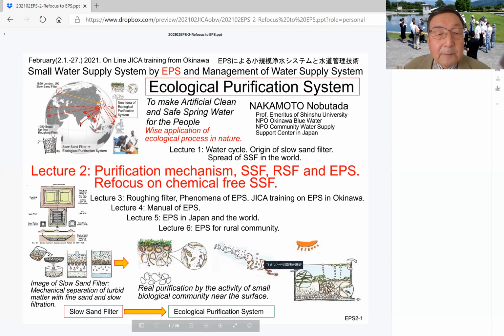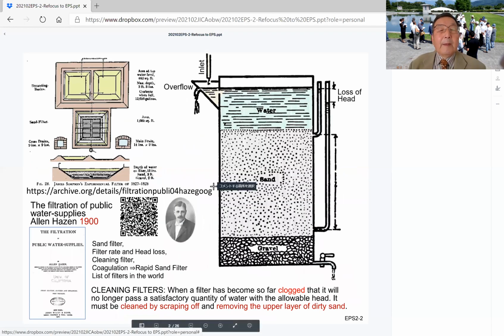So let's start in more detail. At that time, turbid water was introduced into the sedimentation basin, and then the supernatant flowed into the slow sand filter, in a vertical flow. Sometimes this flow contains turbid matter that easily clogs and accumulates on the sand surface, and the filter resistance increases.